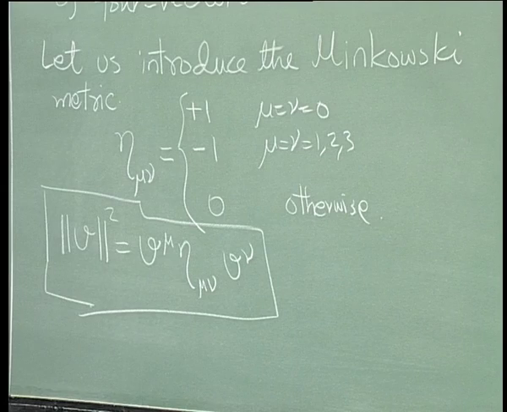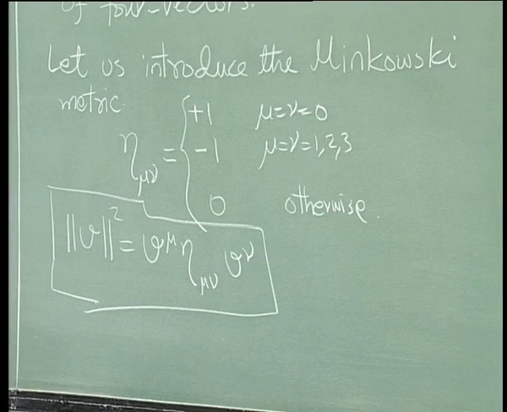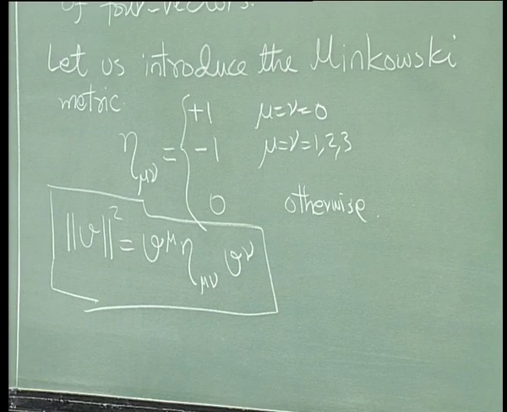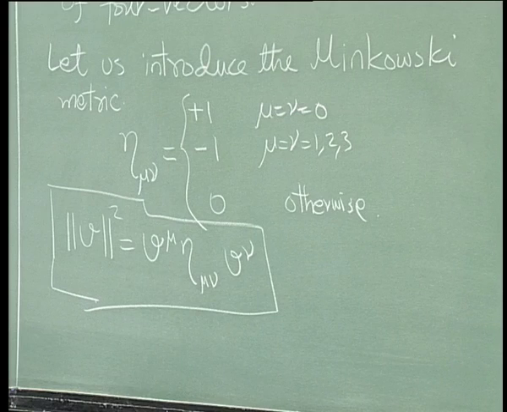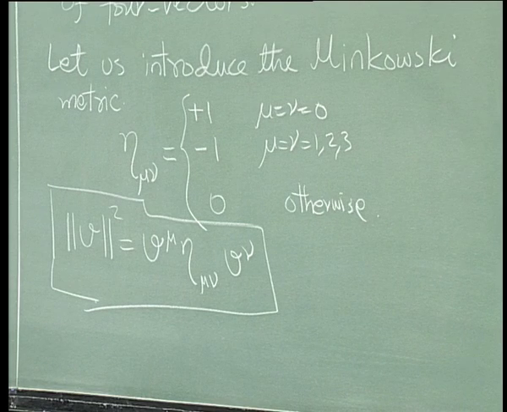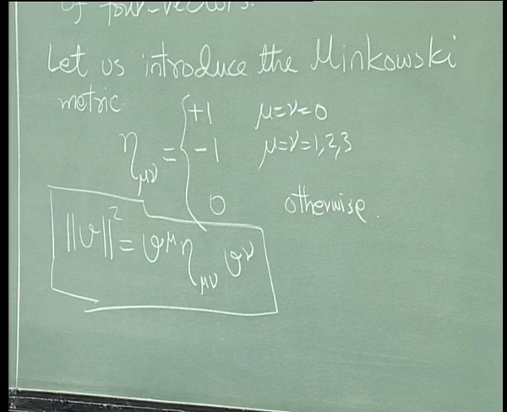Okay. So now let us go ahead and write out the linear transformations which preserve that metric. We will see that it is no longer O transpose O equal to identity, but a variation thereof.